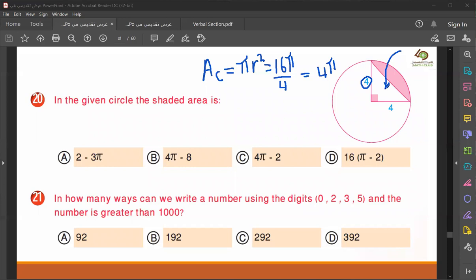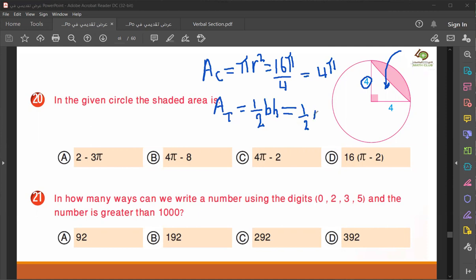Now we find the area of the triangle. What is the area of a triangle? I write it half times base times height, not A. We write it here, base times height, right?